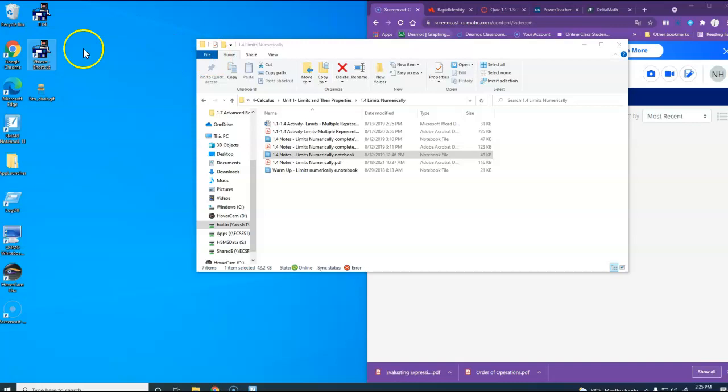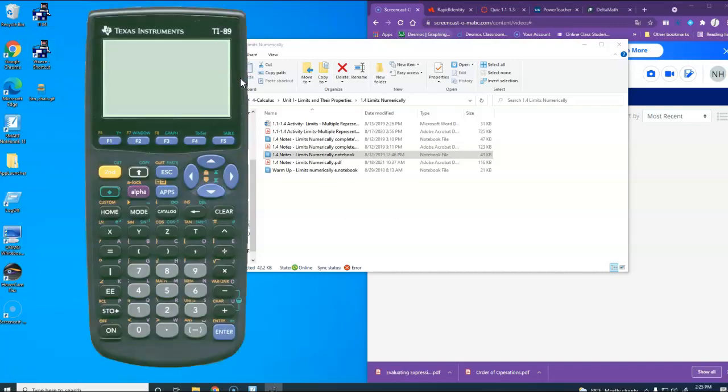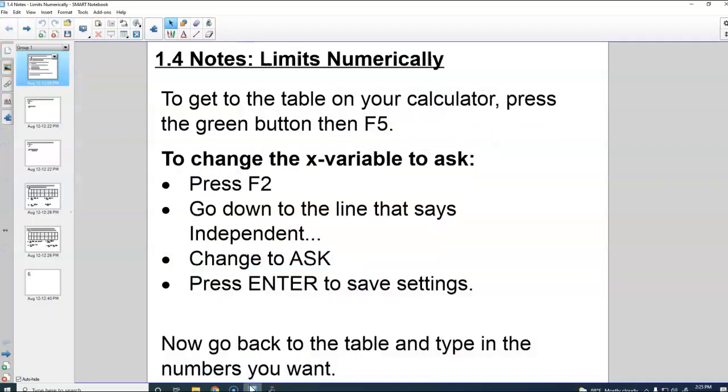We are going to use our calculators to get those out. Yes, it's going to be on AP Classroom. Have you used that for any other classes before?